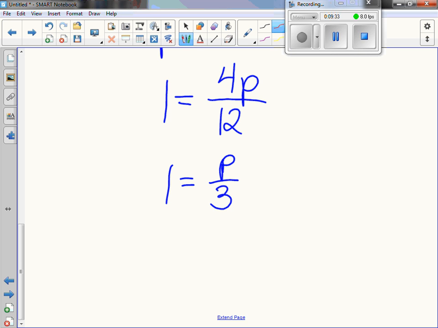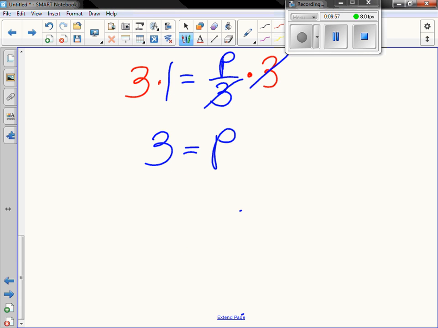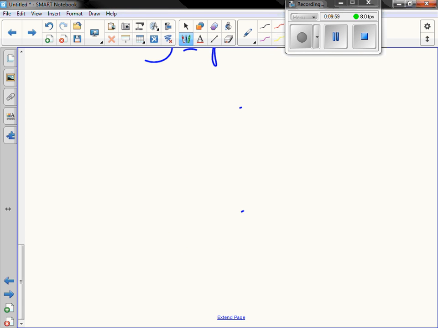The last step in solving this would be to do what? Since P is being divided by 3, we do the opposite, which would be multiplication. Because this 3 and this 3 will cancel, giving me P is equal to 3. So now we have the value of P, yes? So our vertex was h comma k.